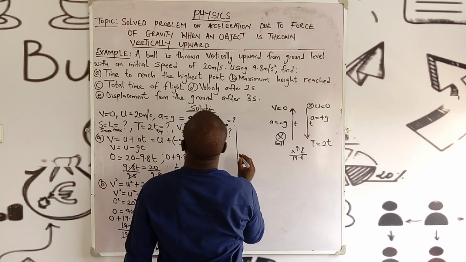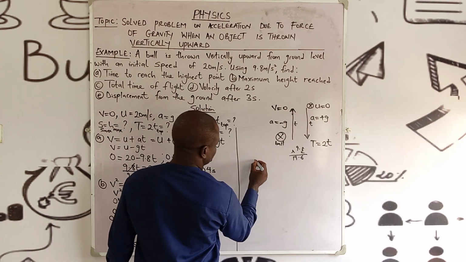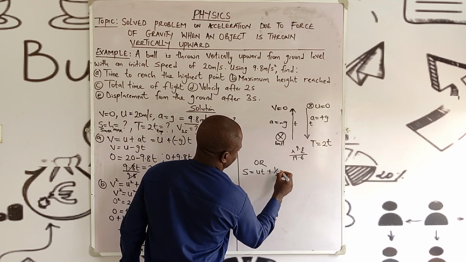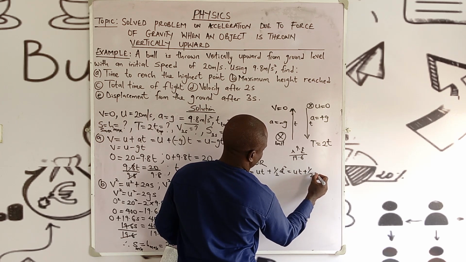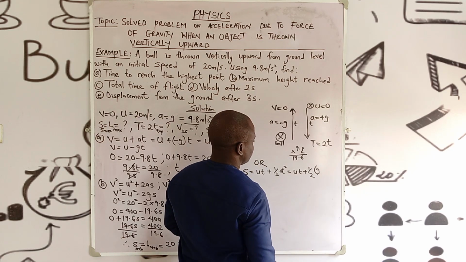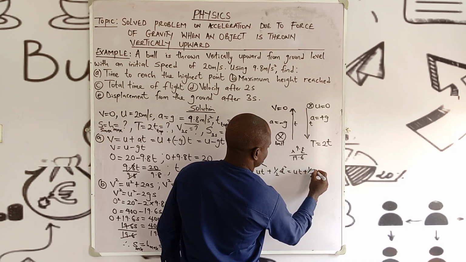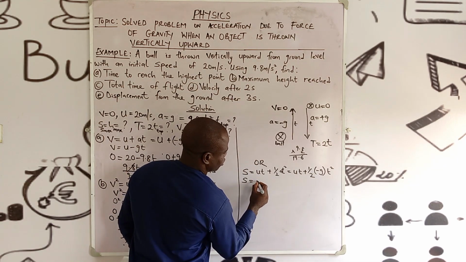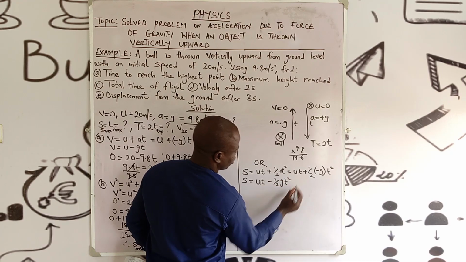The third part is c, and we can use another formula to get the distance, or use this method. s equals ut plus half a t squared, which is equal to ut plus half multiplied by minus g t squared. s equals ut, positive and negative give us negative, half gt squared.